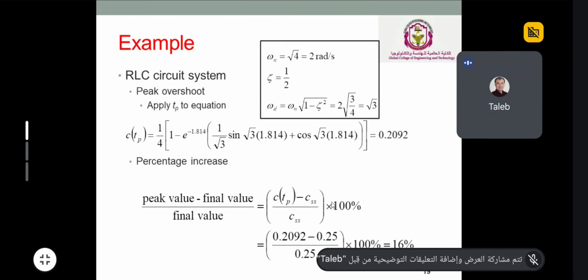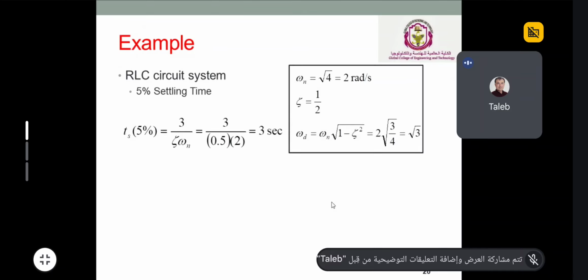And we will find that value for the peak value. Also in terms of percentage, the difference between the peak value and the final value divided by the final value gives you the percentage overshoot.